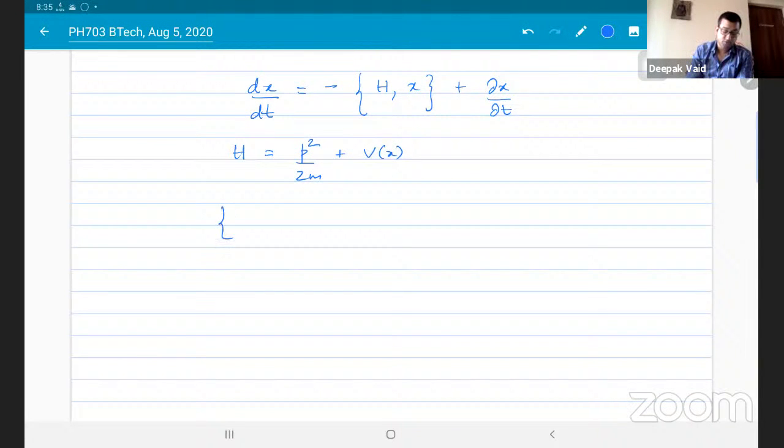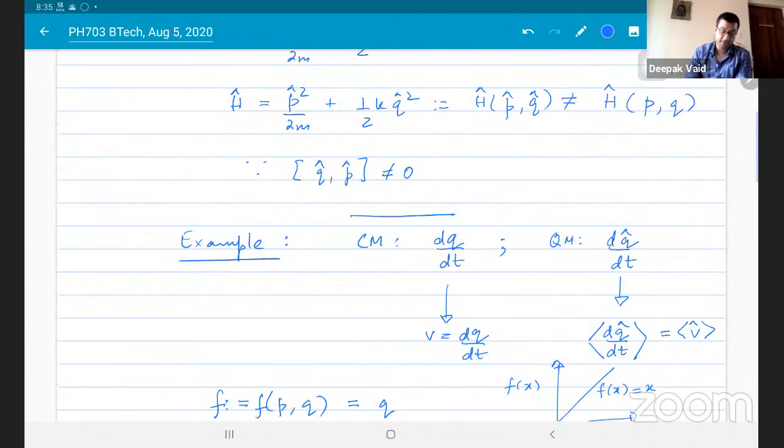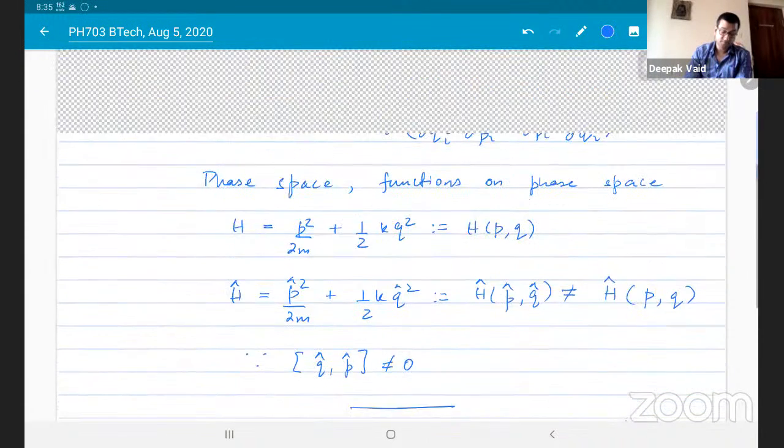So when you take this Poisson bracket of h with x, what will you get? You will get the Poisson bracket of the first term with x plus the Poisson bracket of the potential with x. So the Poisson bracket is a linear functional.